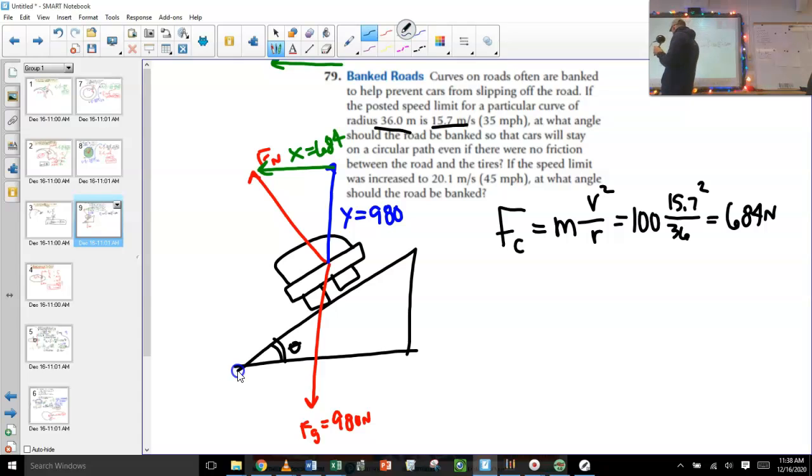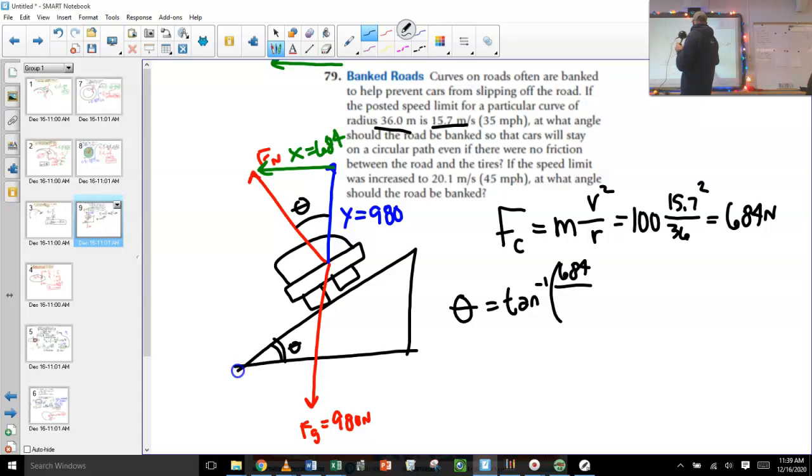So now there exists some angle right here to make this work. So let's see here, inverse tangent. 34.9 degrees.